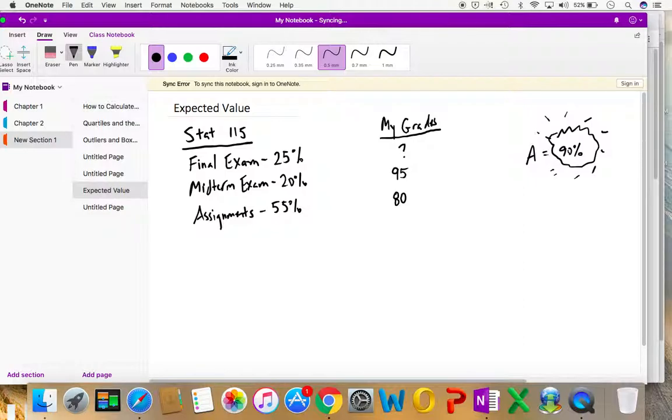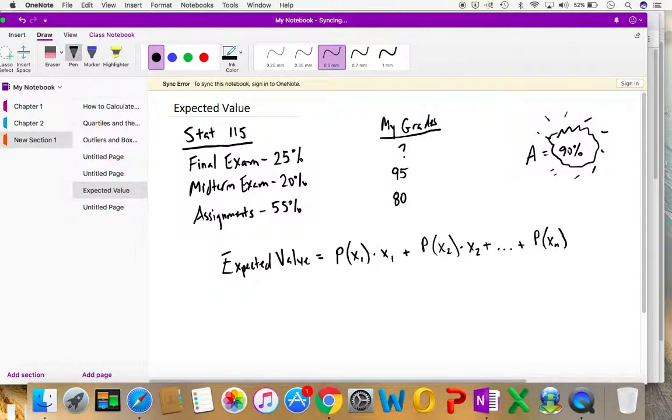Okay. Well, for expected value, I'm going to give you the equation for it first, and then we'll see if we can use this to build that equation. It's equal to the probability of x1 times x1 plus the probability of x2 times x2, and then it's for every succeeding event, and you finish up with the probability of xn times xn.